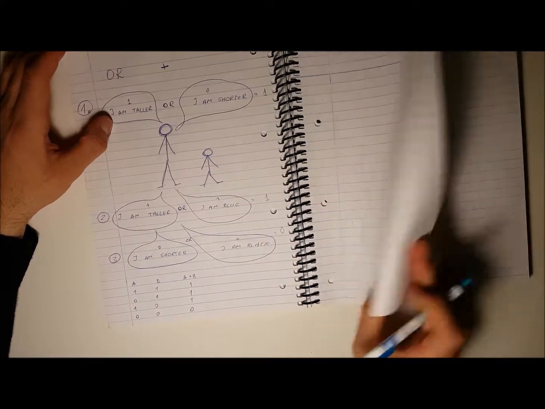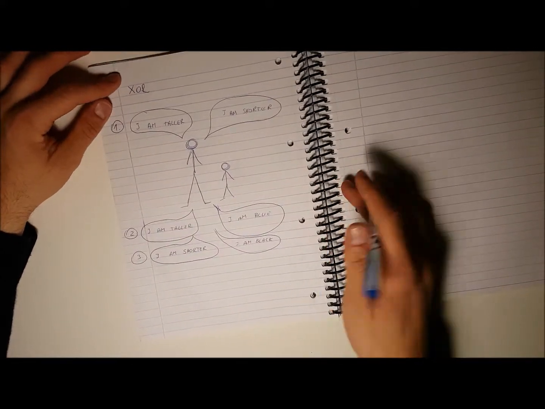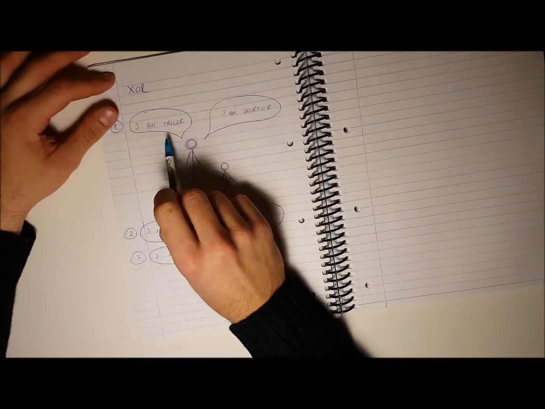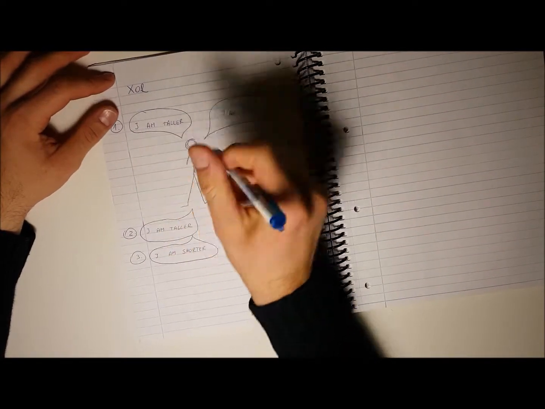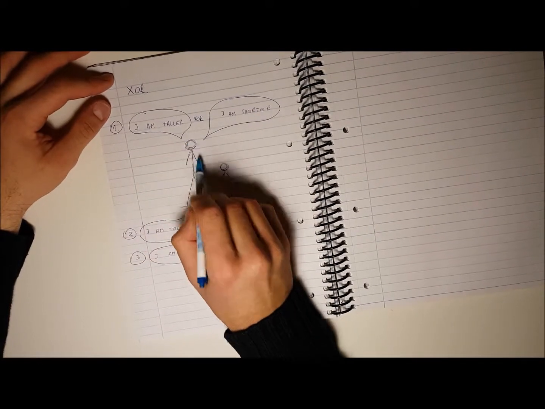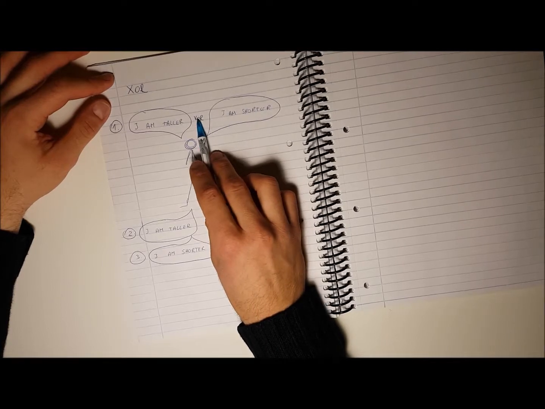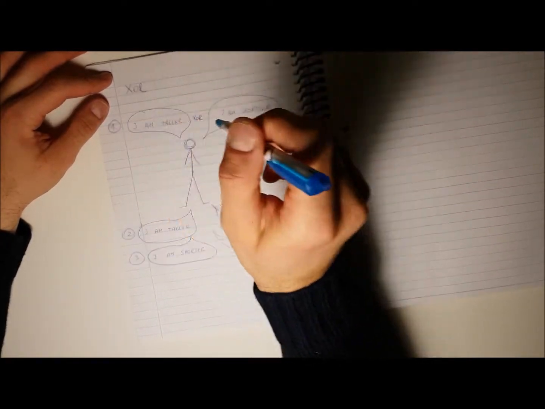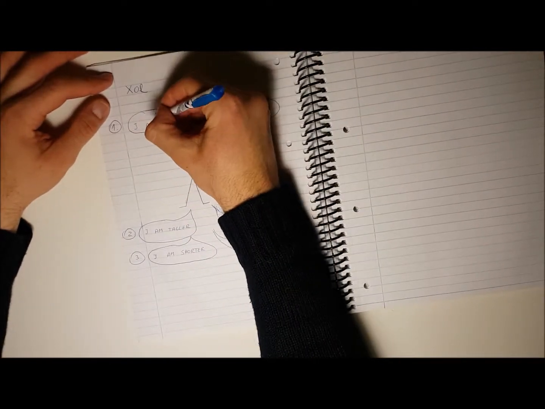In OR, and there is this XOR guy, which is exclusive OR, and it makes a bit more sense. So let's go here. I am taller, yes. XOR, I'm shorter. No, you're not. So you are taller, you're not shorter, so that makes sense, yeah?